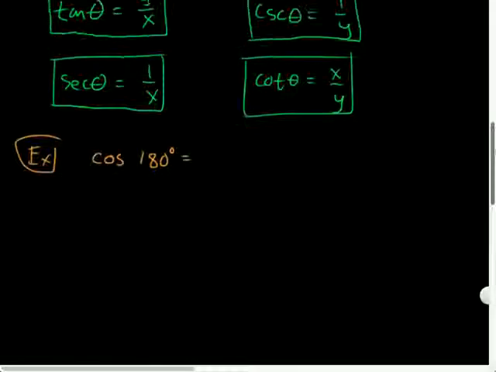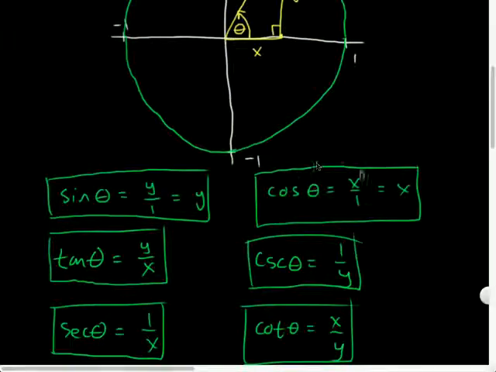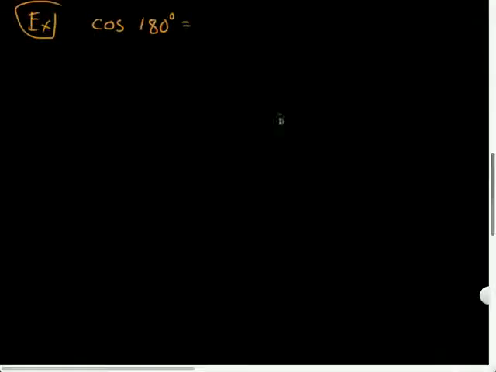Well, what did I say earlier? I said cosine is equal to x. So let's draw a picture of this 180-degree angle. The initial side would have been the positive x-axis, right? And a 180-degree angle, what would that look like? Let's see, here's 90 degrees. It'd be over there, right?